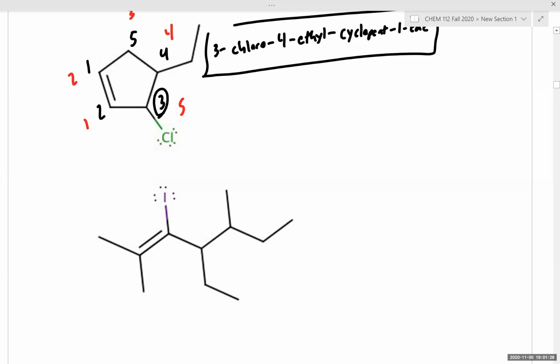So we have a proposed name in the chat of 3-iodo, 2,5-dimethyl, 4-ethyl. One moment.